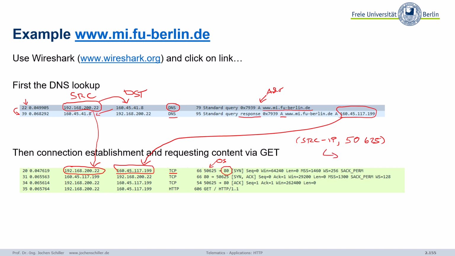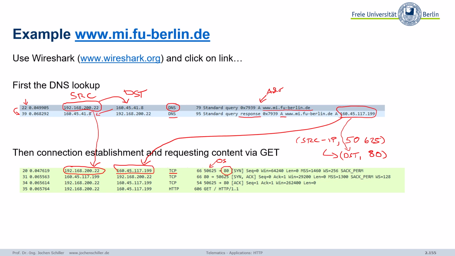And we try to set up a connection to our server. That's our web server. That's the destination IP address. That's exactly our IP address from above. And we go to port 80.